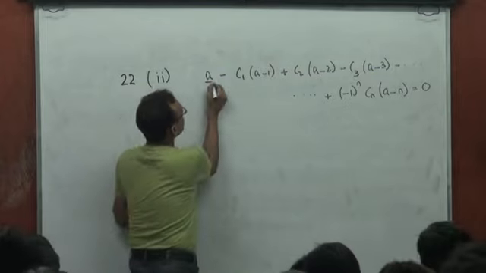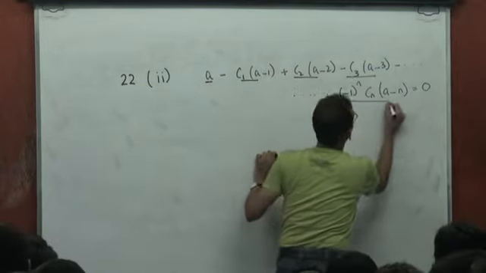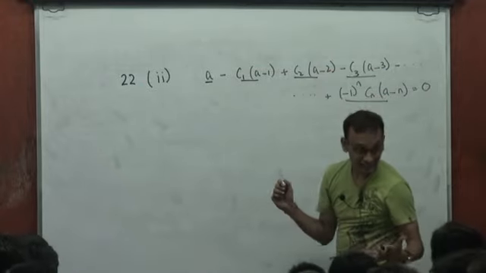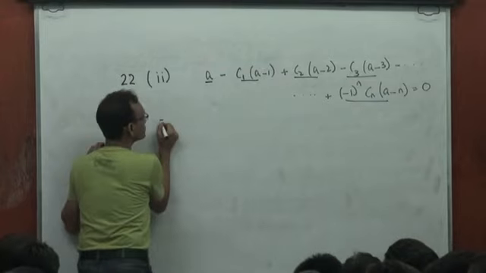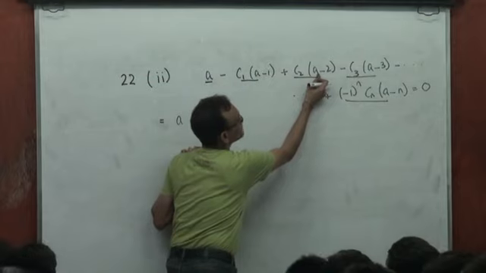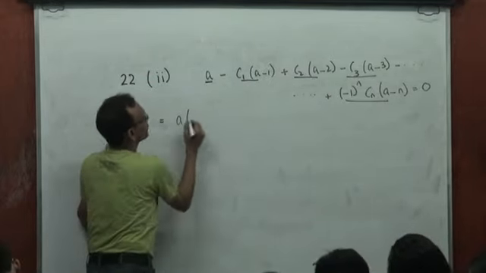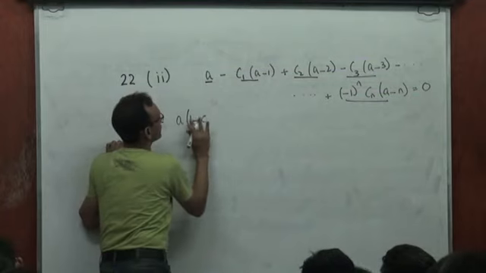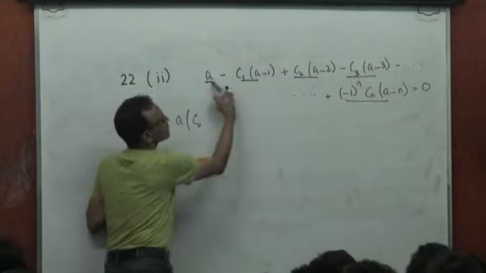Obviously, you want to combine terms that contain A and terms that don't contain A. Yes or no? Terms that contain A: A minus C1 minus C2 plus minus C3 and so on. So A into 1 minus C1. So 1 could be written as C0, right?